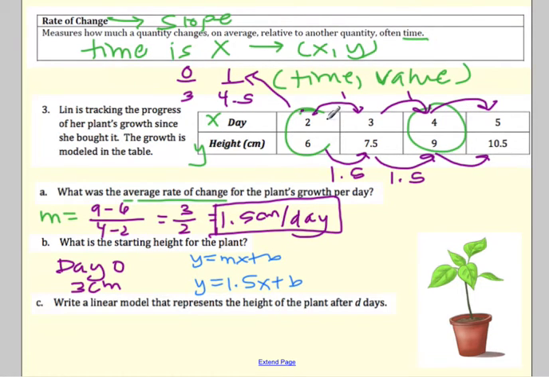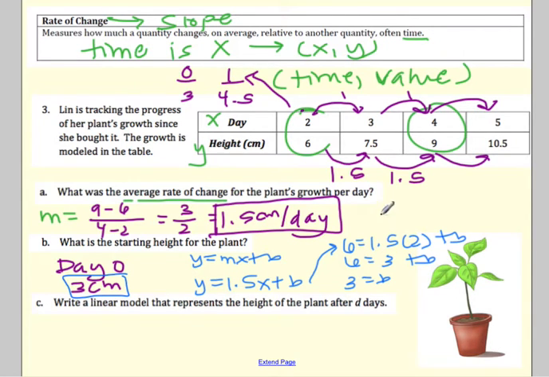I'm just going to pick the first one, 2, 6. My x is 2, my y is 6. So I would have 6 is equal to 1.5 times 2 plus b. 1.5 times 2 is 3 plus b. And if I subtract, I get 3 is equal to b, which is also what I have here. So, multiple ways to approach these.